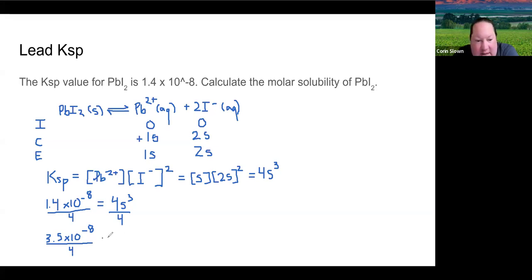And that's going to be equal to s cubed. And if you recall, the way we resolve exponents is we multiply by the reciprocal, so 1 over 3. But we have to do that to both sides. 1 over 3. Or taking the cube root, you can do that in your calculator as well.